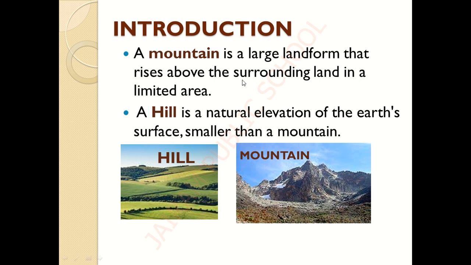So a mountain is a larger landform that rises above the surrounding land in a limited area. And a hill can be defined as a natural elevation of the earth's surface that is smaller than a mountain. So this is the difference between a hill and a mountain, children.